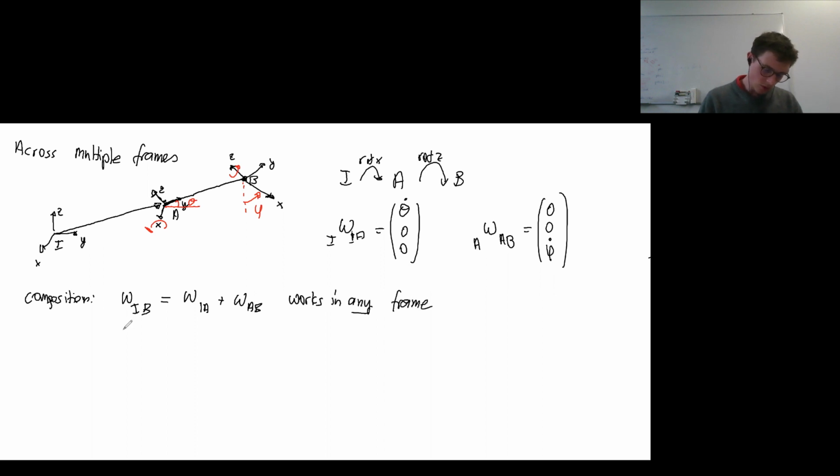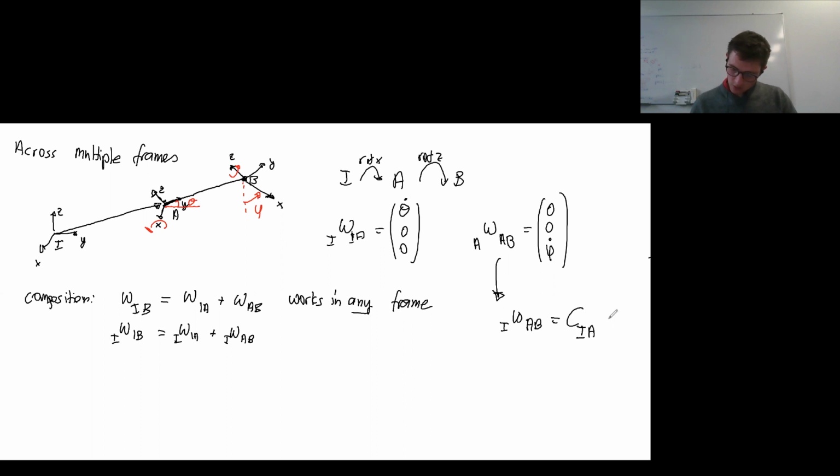Usually what we want to do is write omega IB in I frame, and that means we have this one in I frame plus we need the omega AB in I frame as well. So to get to that, omega AB in I frame is simply the rotation matrix of this times this vector here.